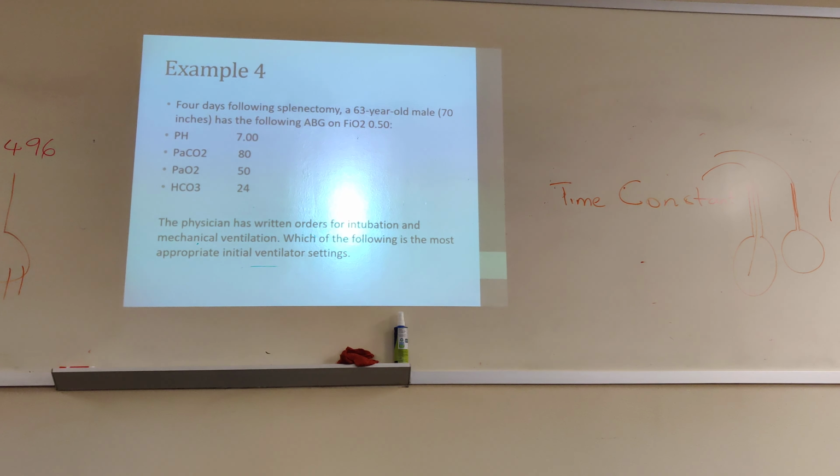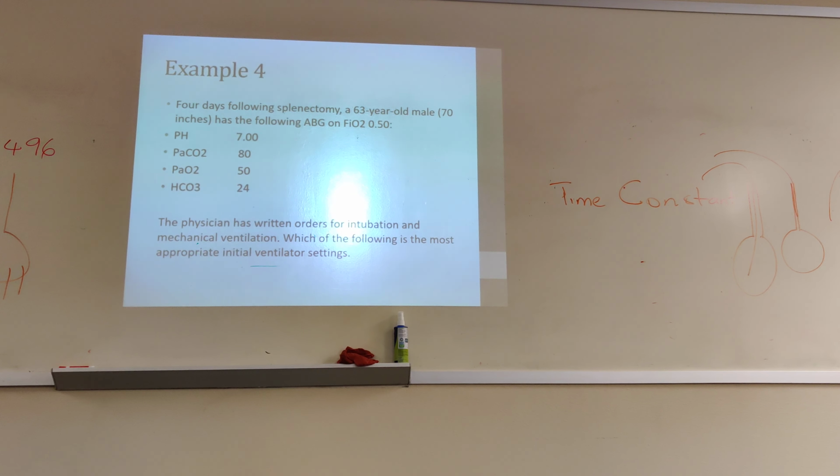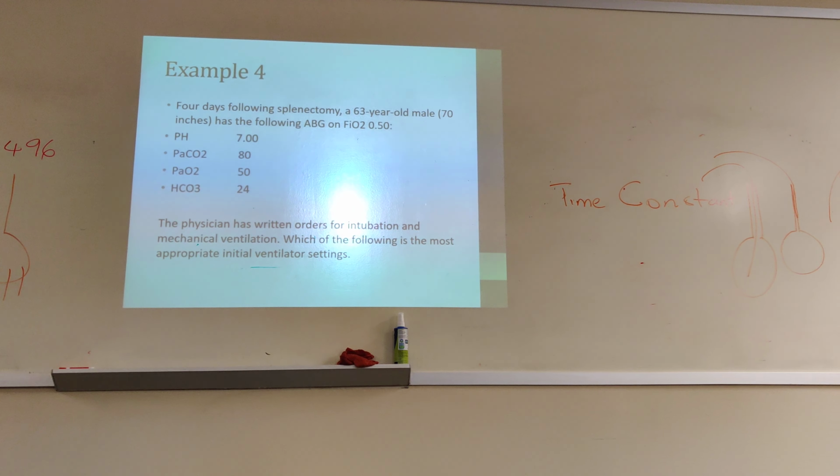Number 4. 4 days following splenectomy. Is that the one I just went over? No, it was thoracotomy for the previous one. Splenectomy, 63-year-old. This is 70 inches, so that would be 70 kg.